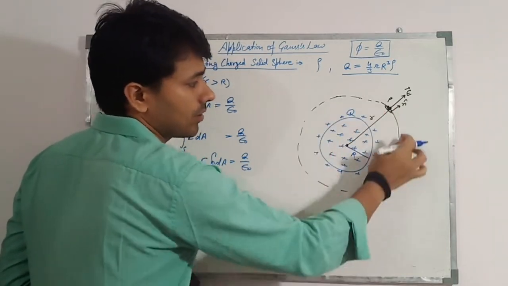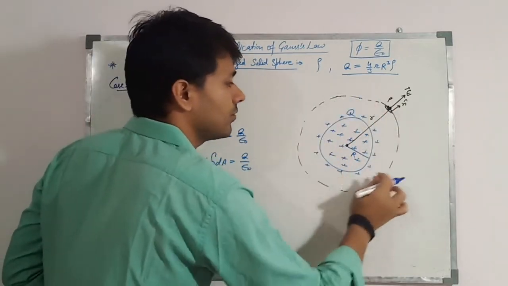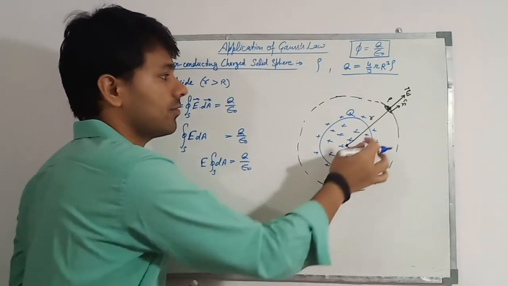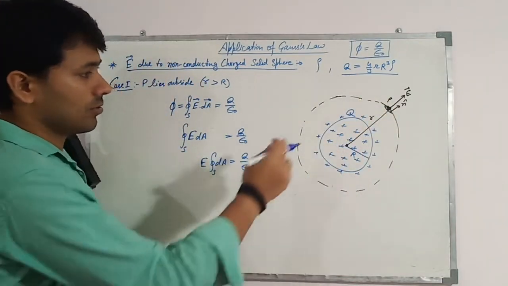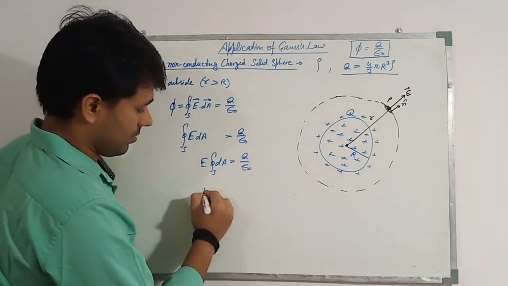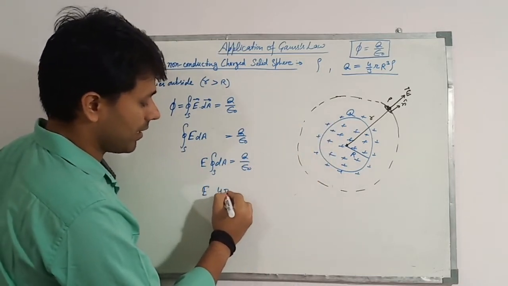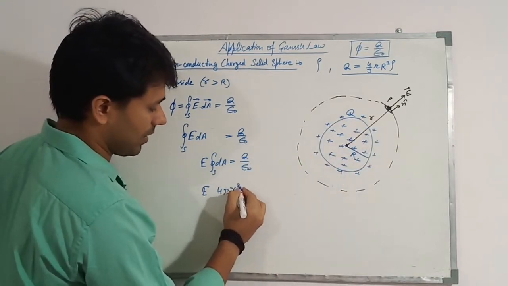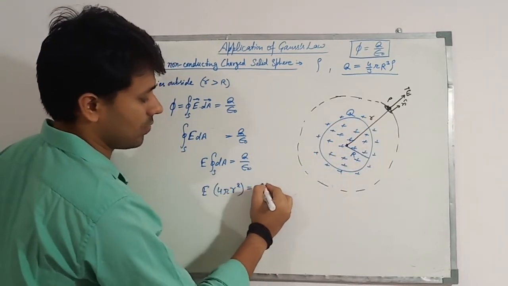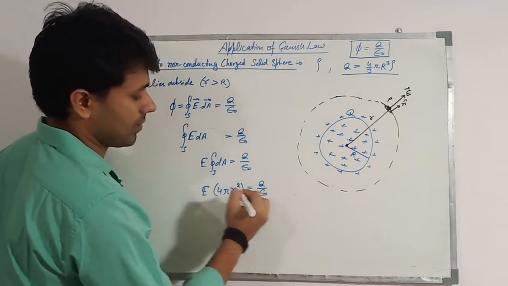The closed surface is the Gaussian surface, which means the complete surface area of this Gaussian sphere. The surface area of the Gaussian sphere is 4 pi r square, where the radius of the Gaussian surface is small r. So E times 4 pi r square is equal to Q upon epsilon naught.